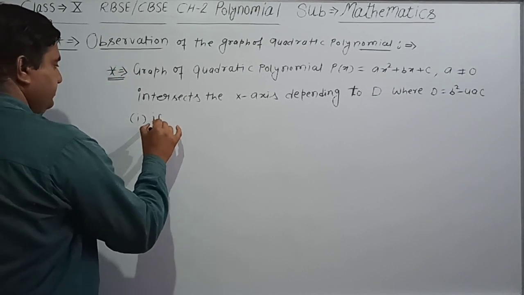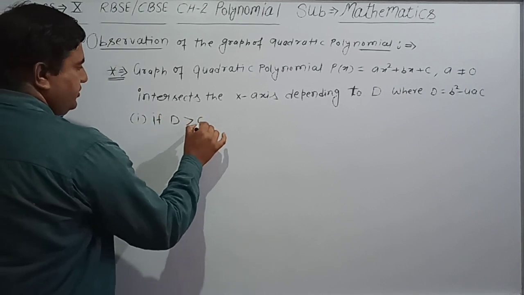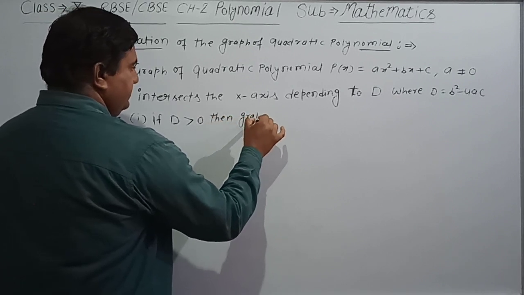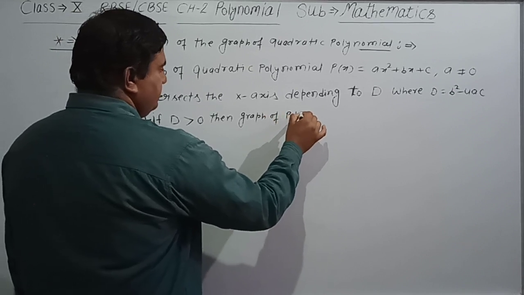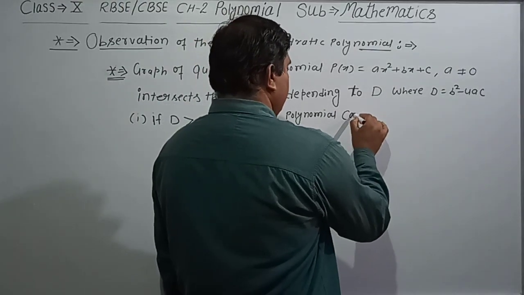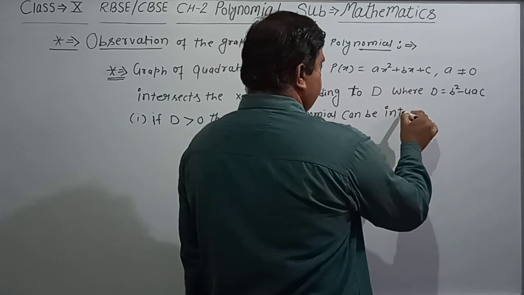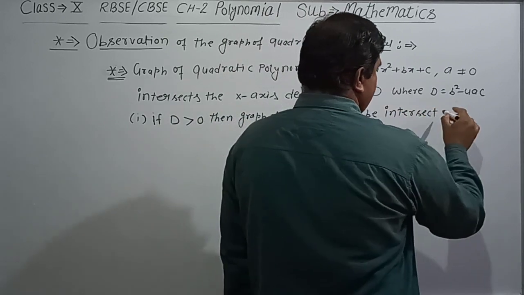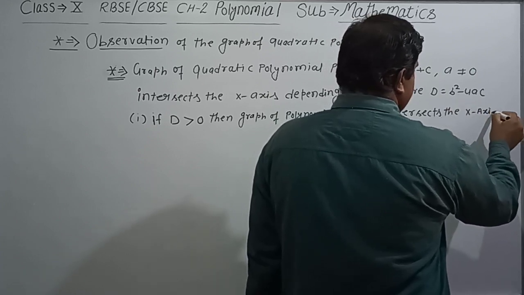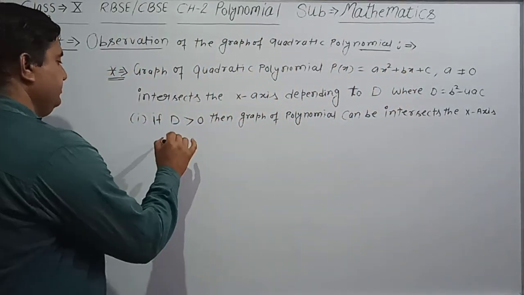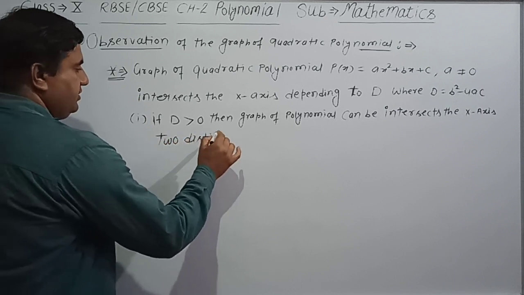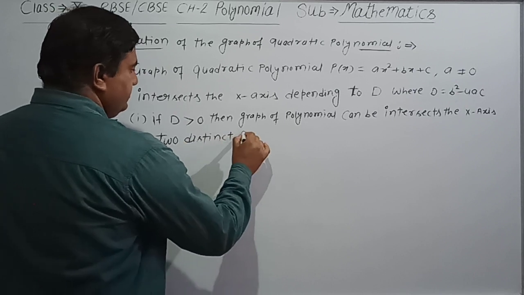First, if D greater than 0, then the graph of the polynomial can intersect the x-axis at two distinct points.